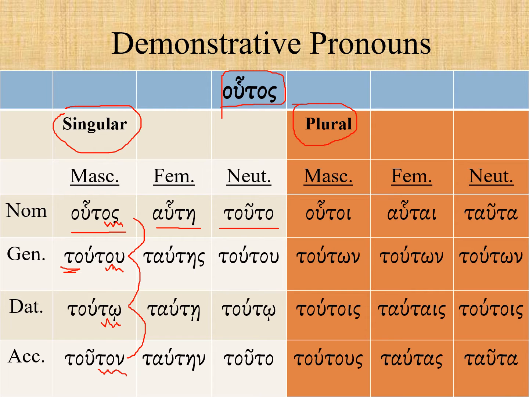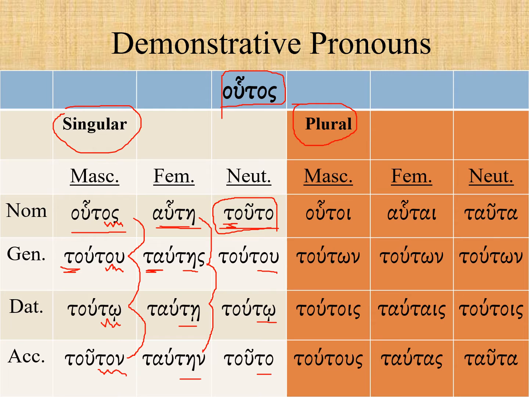The feminine nominative singular starts with haute, and then again the genitive switches to having the tau in front of it: tautēs, tautē, tautēn. You can see it corresponds almost with identical forms in the feminine articles. The same applies to the neuter form, with the exception that the neuter form already has the tau in front of it: touto, toutou, toutō, touto.